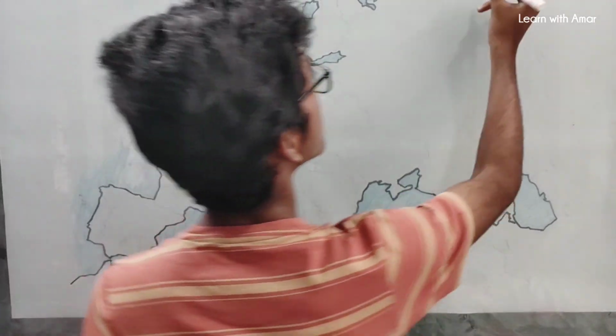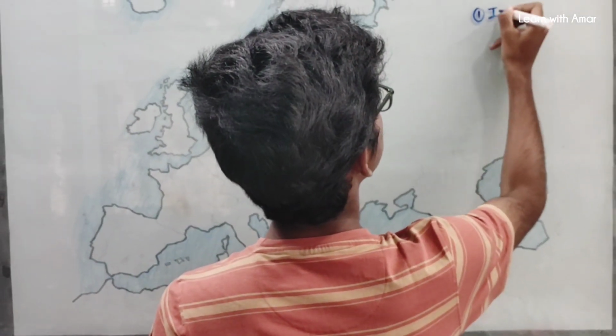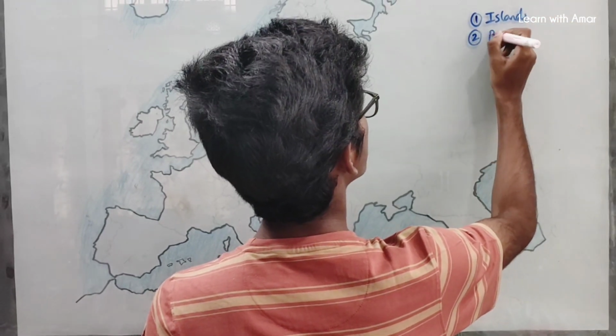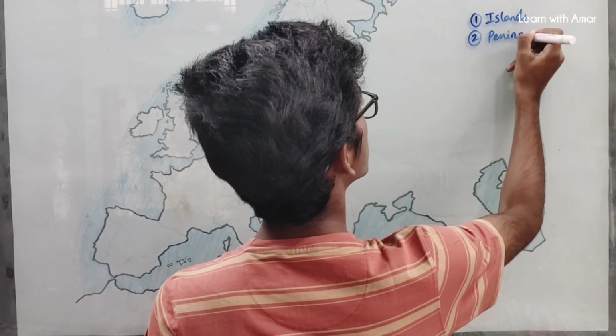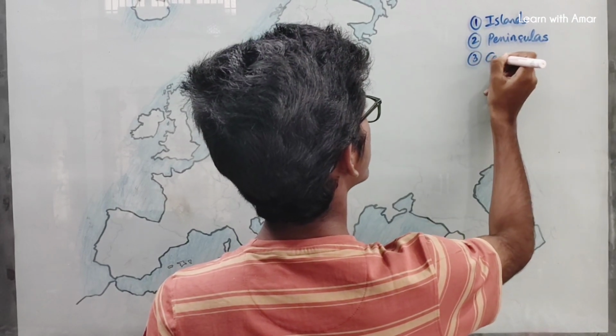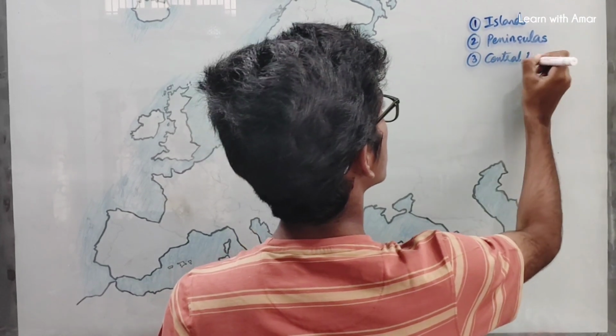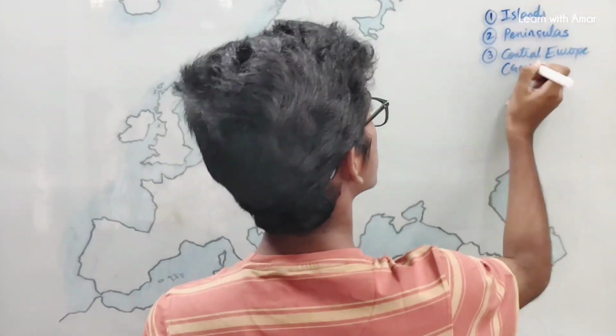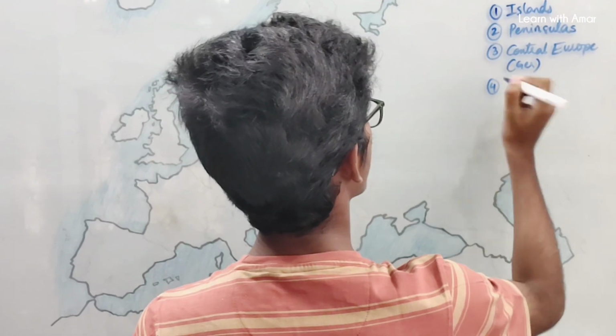So we are going to divide the concept of countries of Europe in 5 parts. First, we look at the islands in Europe, island countries. Then we will go for peninsulas. And the third one, we look at Central Europe based on Germany, the unification of Germany.